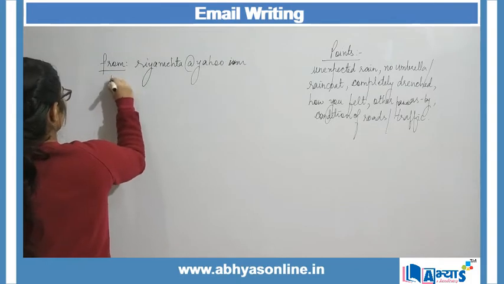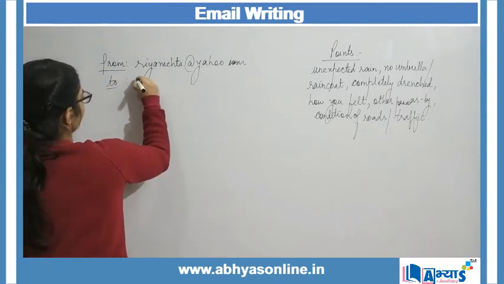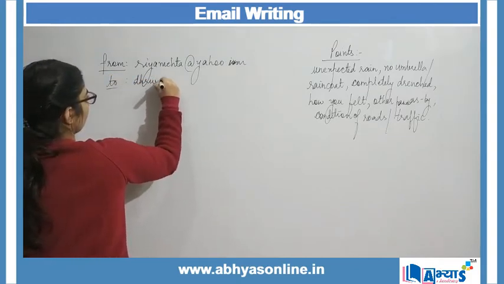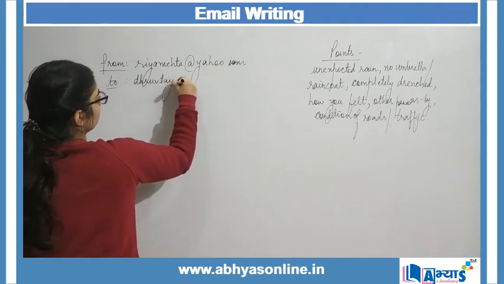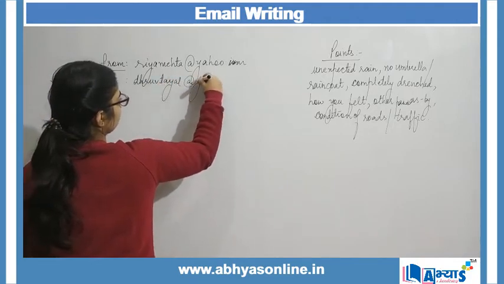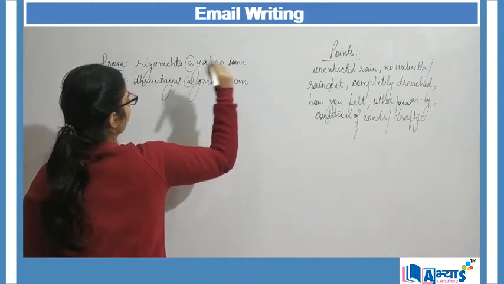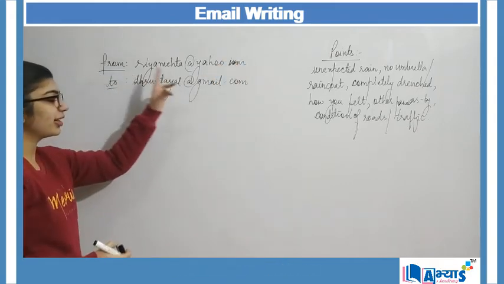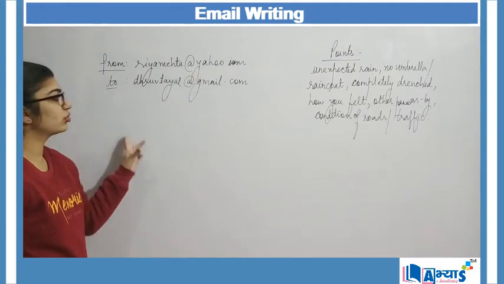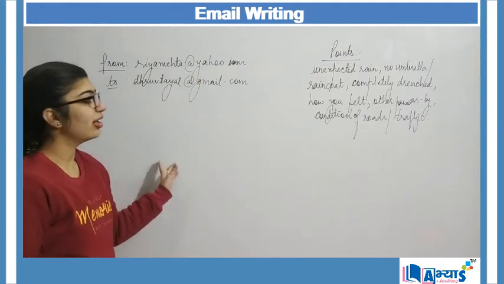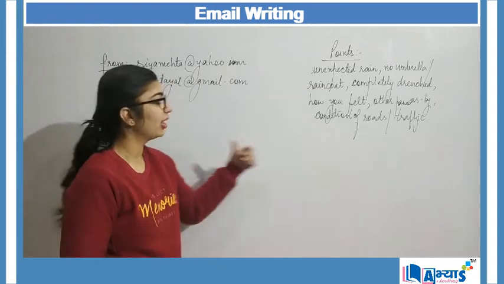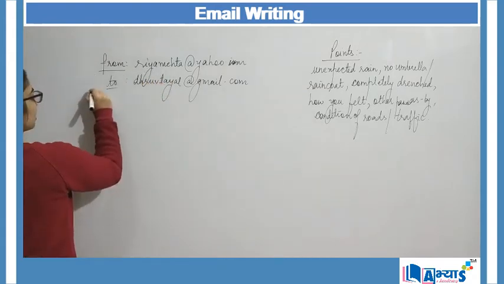Then in To, I can say dhruv@gmail.com. Okay, now Riya Mehta is sending a mail to Dhruv sharing her experience, right? Now after that, Subject.